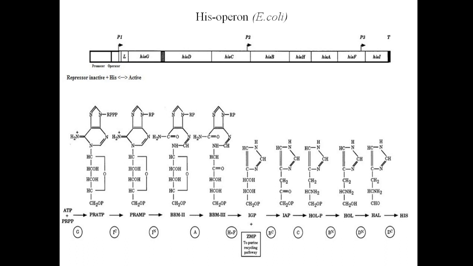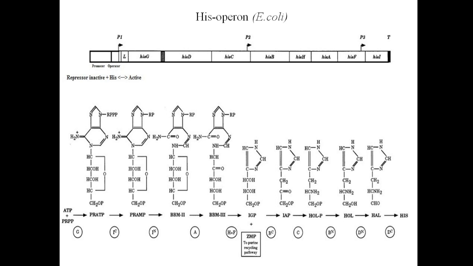For example, now you can see the his operon, which consists of a minimum of 9 cistrons.